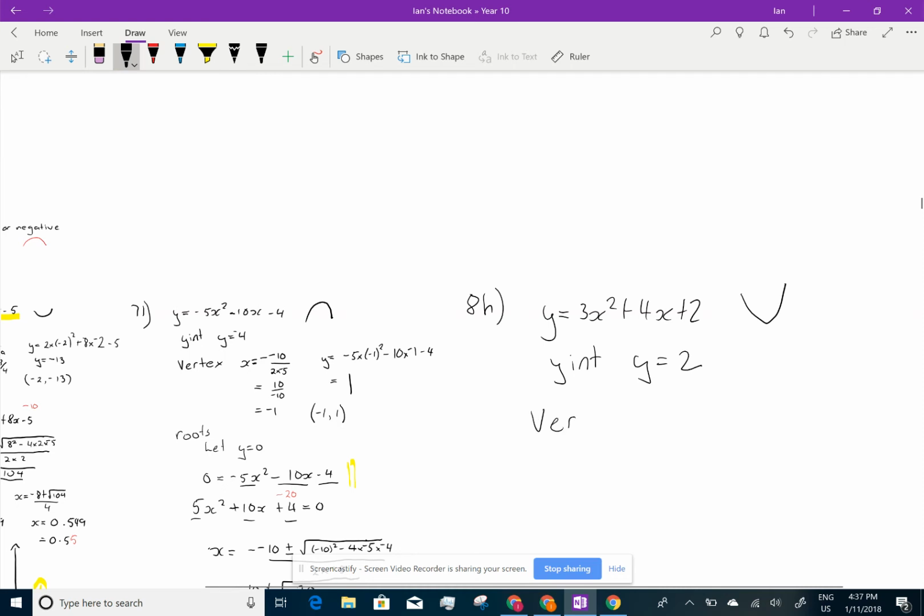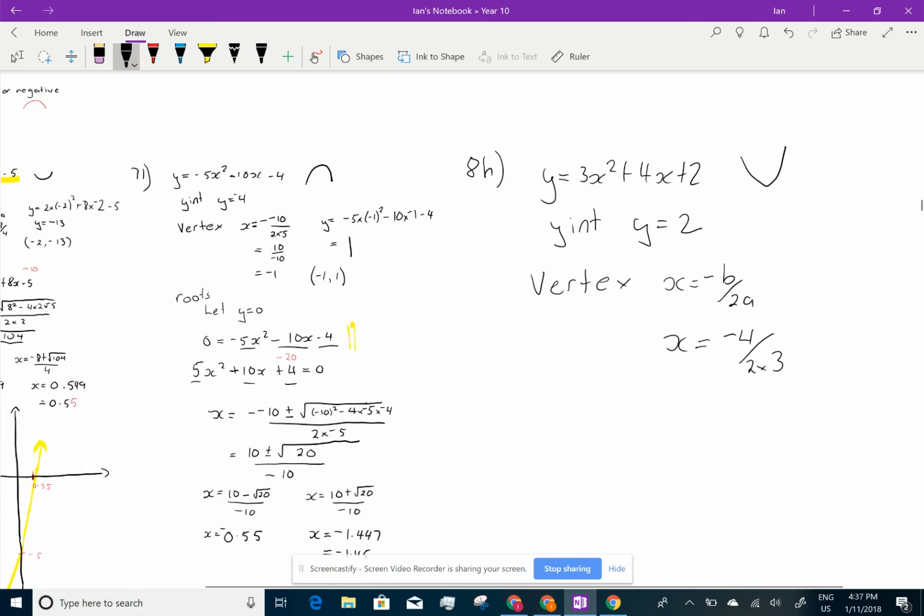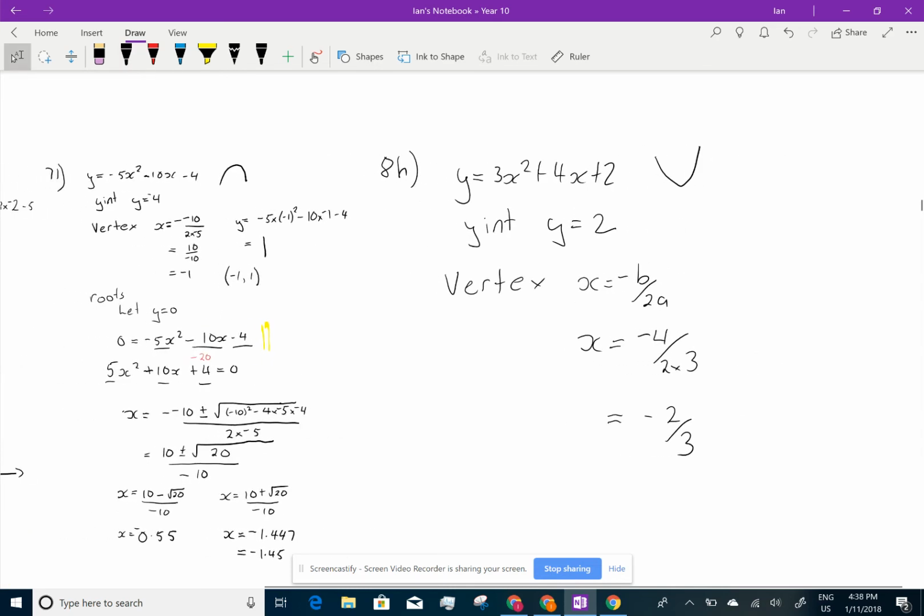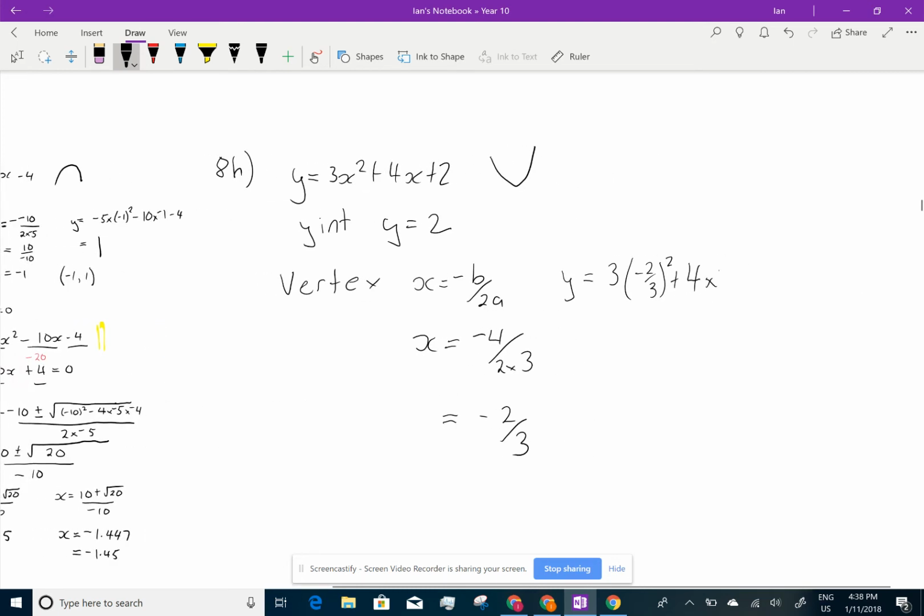The vertex, well, x equals minus b on 2a. Well, x equals minus 4 on 2 times 3. That's going to be minus 2/3. And what does y equal? y equals 3 times minus 2/3 squared plus 4 times minus 2/3 plus 2.